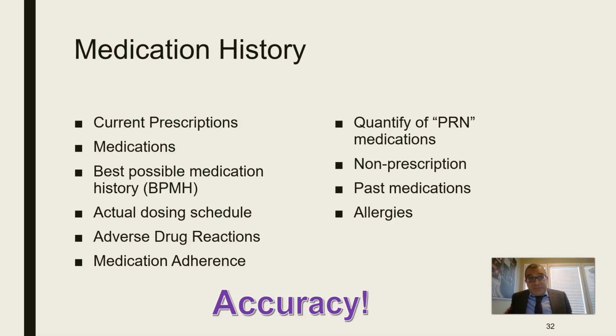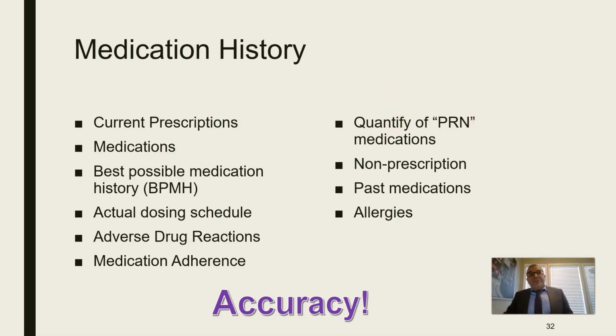For example, lithium can cause problems even after you stop it. Non-prescription medications: you need to see if there are any herbals, any inhalers, any other over-the-counter products the patient is taking that might affect the patient's medication and health. Any PRN medication the patient is taking, and the important thing, quantity.